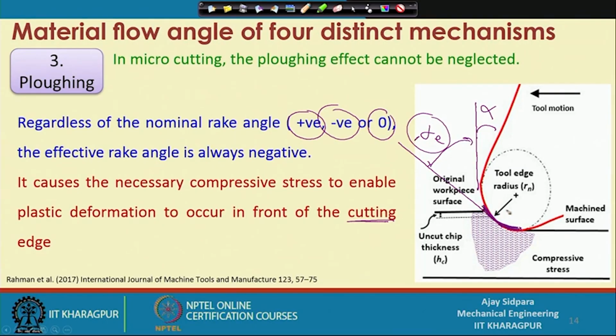So, now we consider that we are not considering our tool as a sharp tool, and for that reason you are getting a compressive stress region in this particular location, that is, in front of the cutting edge.